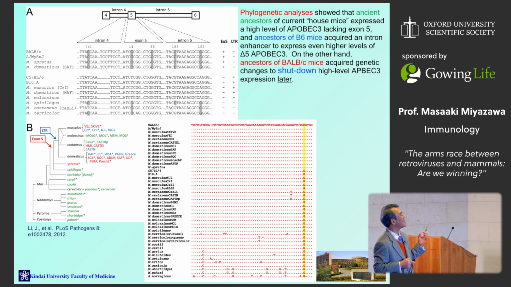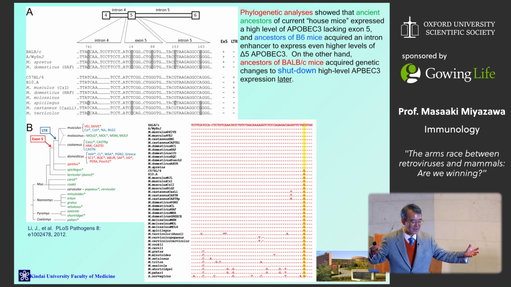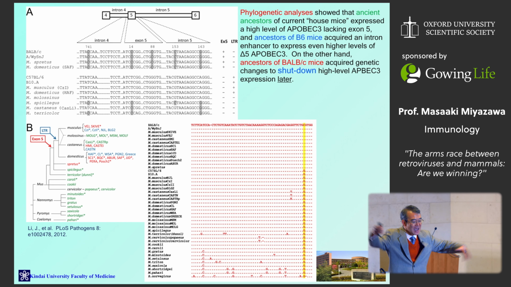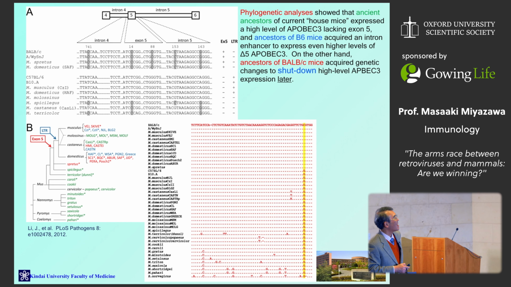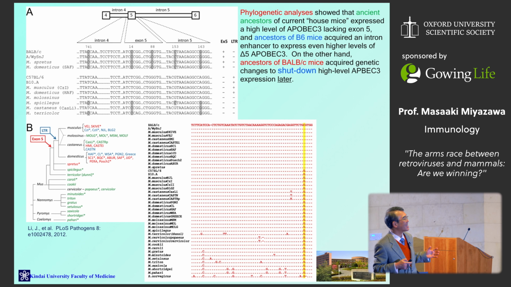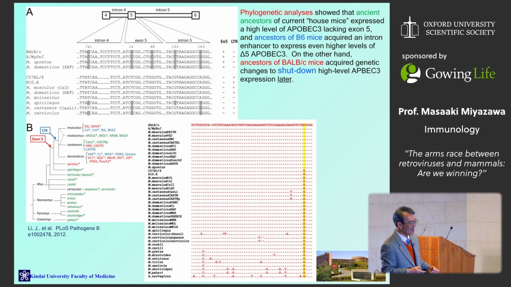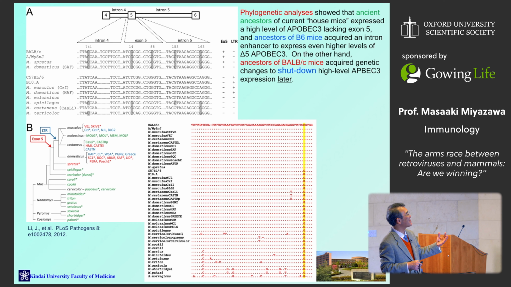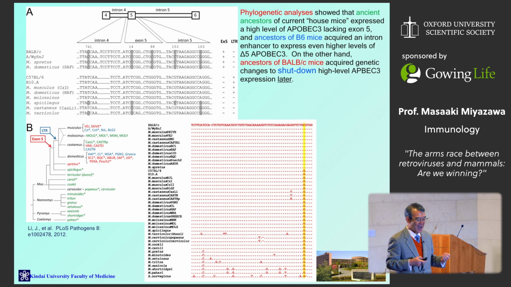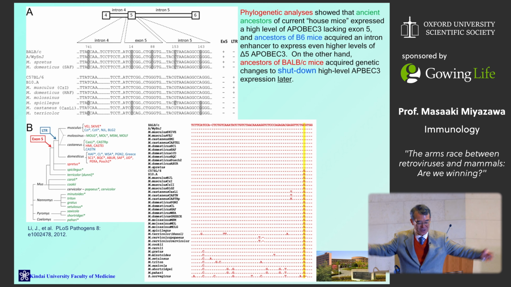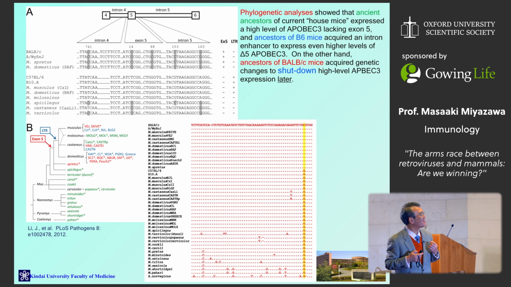When exon 5 is included, the protein translation is inefficient. When the gene does not include exon 5 into the messenger RNA, a higher level of protein is produced. And what we were expecting was that, okay, ancient mice are all susceptible to retrovirus infection, and the ancestors of currently resistant strains like B6 by chance acquired this single nucleotide substitution and started to produce a large amount of restriction protein.